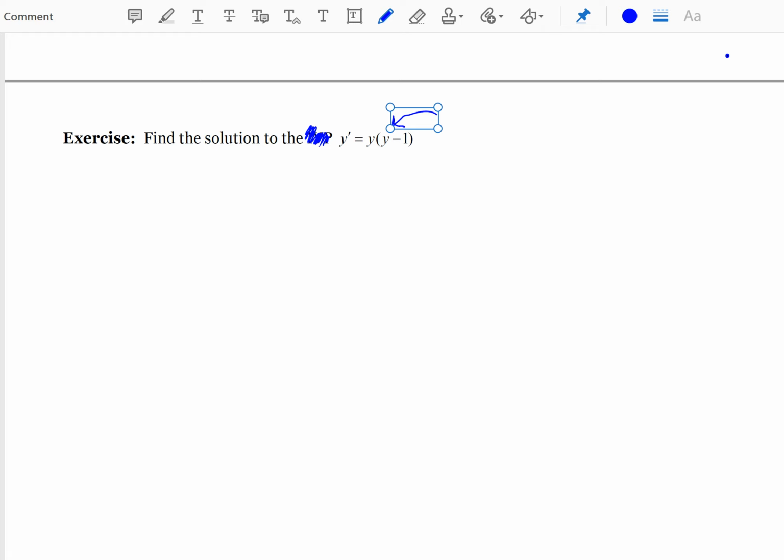And what I'm hoping you're recognizing is that this is an autonomous differential equation because the dE does not depend on the variable t. Notice that autonomous differential equations are always separable.